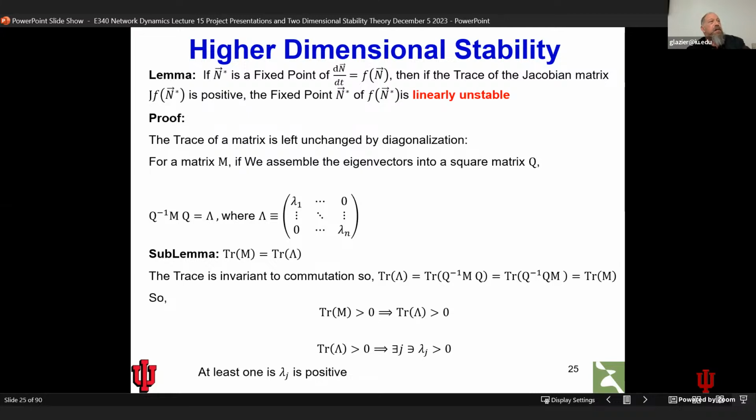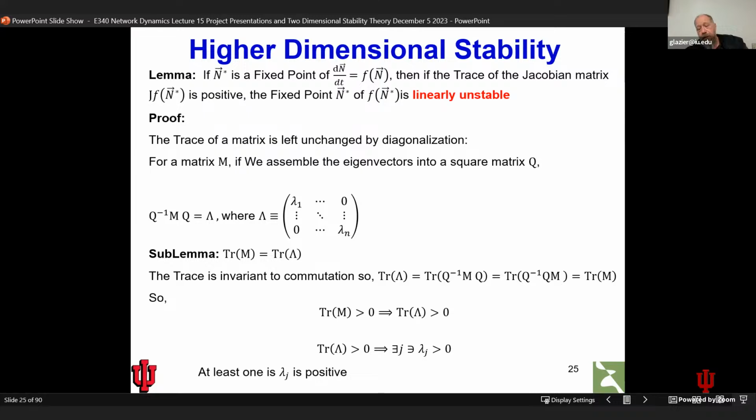It winds up there's a lemma which says that this is related to the trace of the Jacobian matrix. If I just sum up the values along the diagonal of the Jacobian matrix, and that value is positive, then that tells me that there is at least one positive eigenvalue, and therefore the fixed point is unstable.